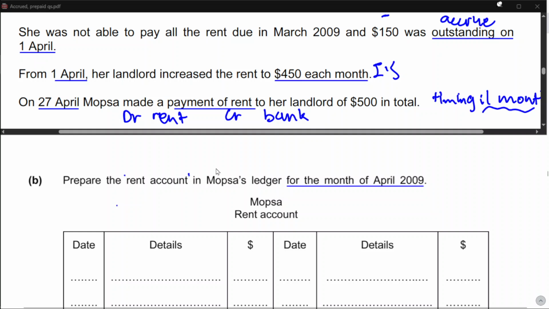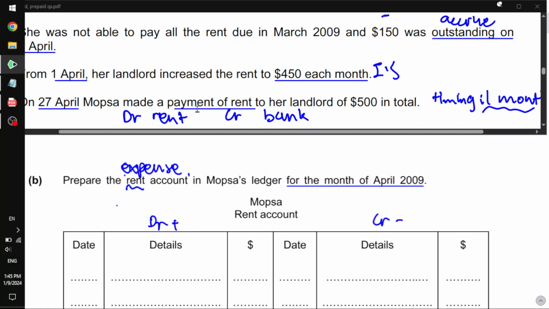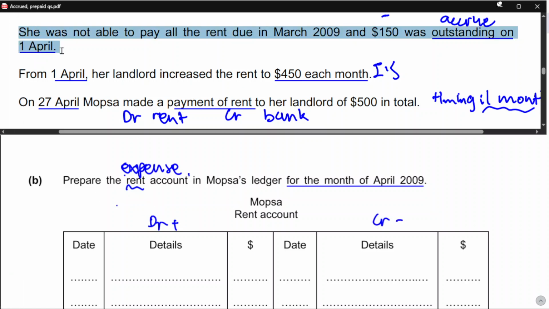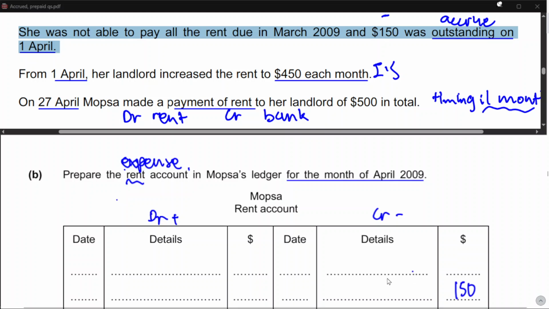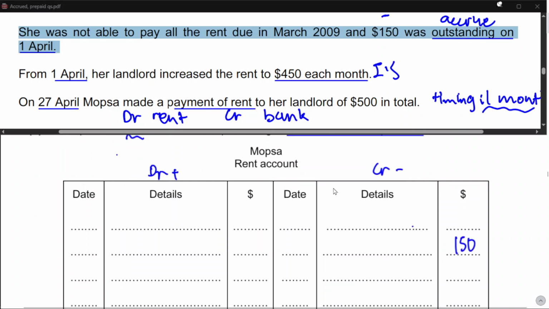What he say is rent, so yeah, expense. So expense, debit plus, credit minus. The first line minus 150, so minus 1.009.